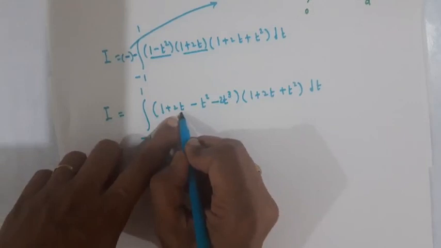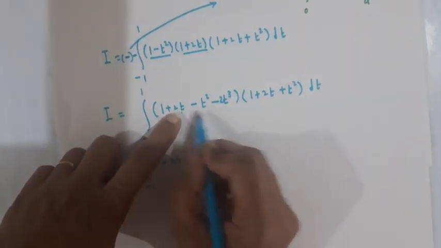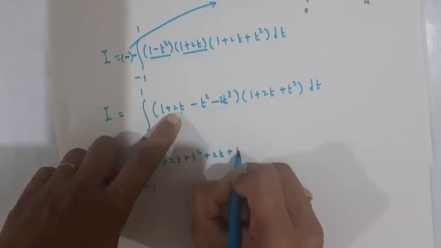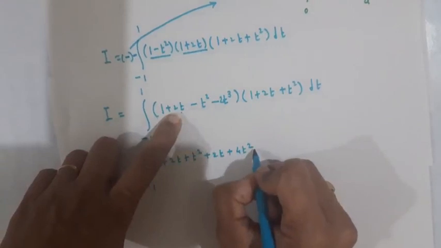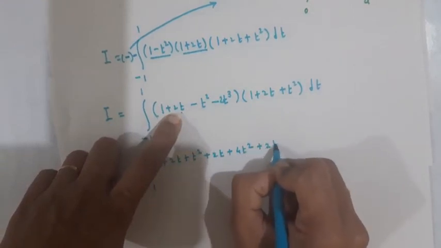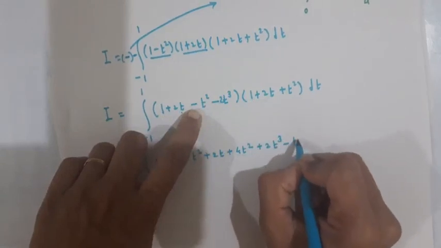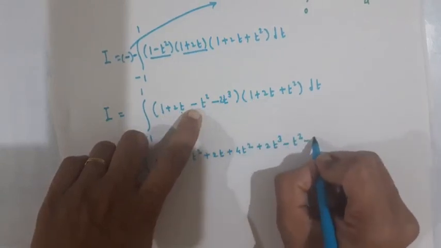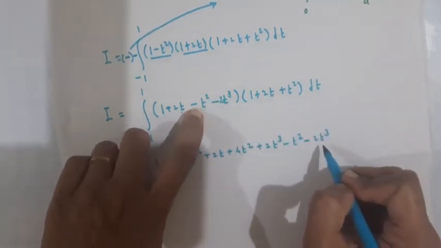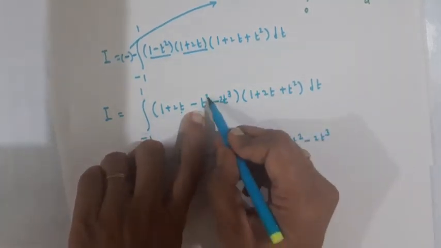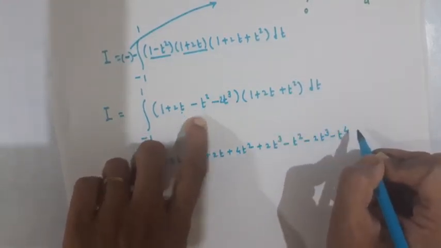Now multiply with plus 2t into 1, that is plus 2t, 2 into 2, that is plus 4t square, then 2t into t, that is 2t cube, minus t square into 1, that is minus t square, minus 2t cube, minus t square into 2t, minus 2t cube, minus t raised to 2 into t square, that is minus t raised to 4.